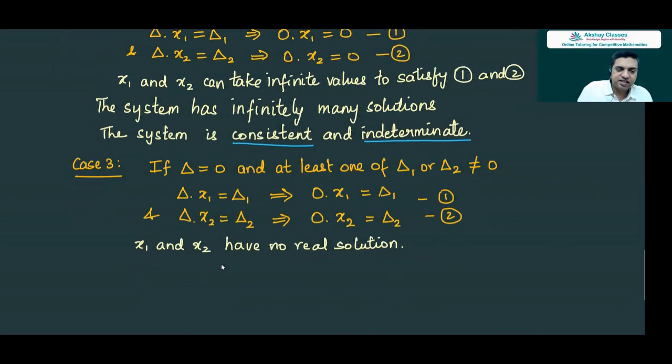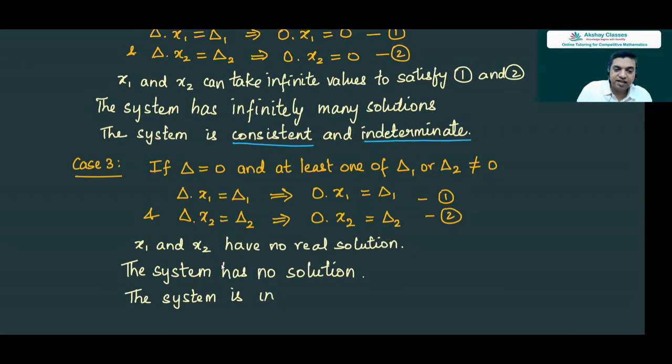So the system has no solution. The system has no solution. The system is called inconsistent. The system is an inconsistent system.